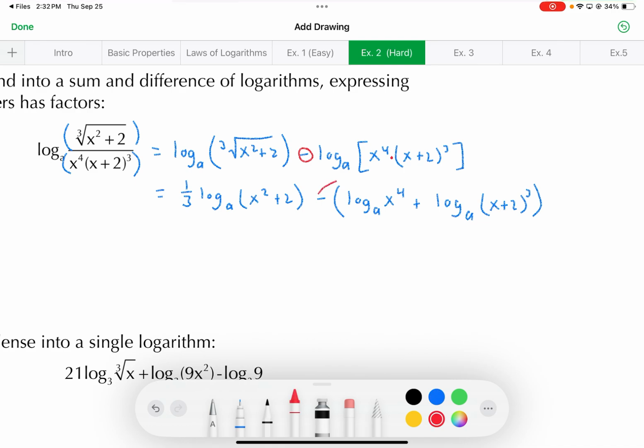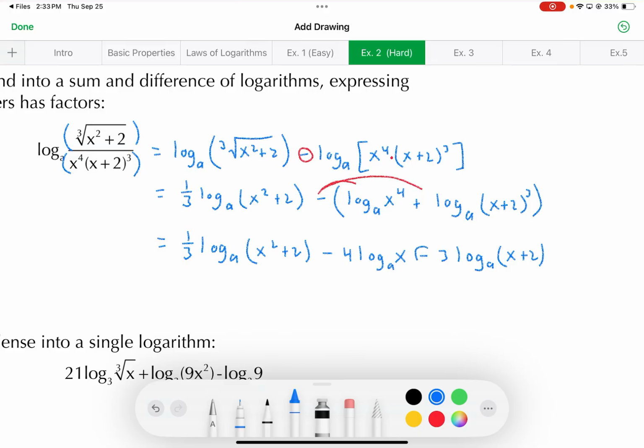But when I go to simplify, that negative is going to distribute. And about the only other thing I can do here is some more power properties. So we'll make this minus 4 times log base a of x minus 3 times log base a of x plus 2.